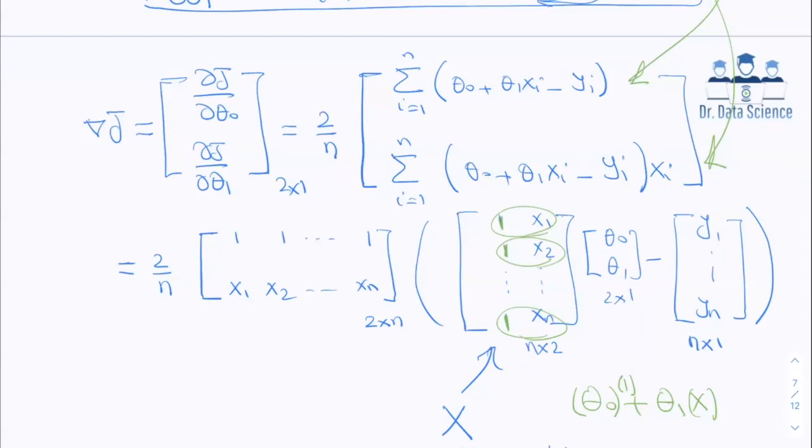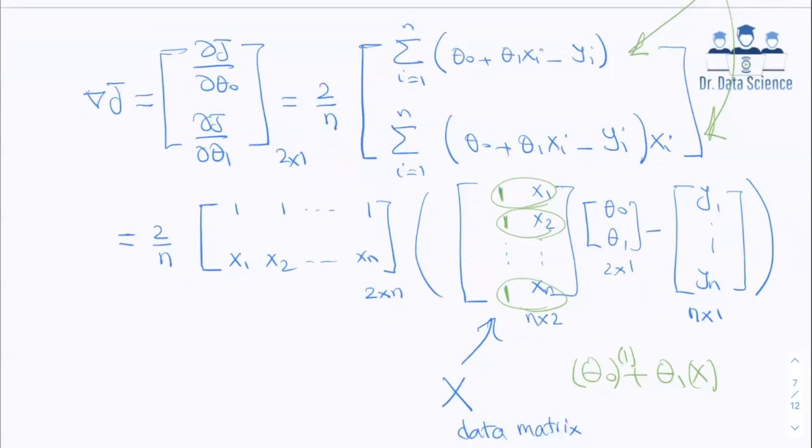So now, this means that I can multiply these two. And what we have here also is a vector y, which is n by 1, and that's the vector of labels or vector of outputs. And that's what you need in any regression problem. We need a data matrix which has all the observations, where each row is one observation and each column is a feature.